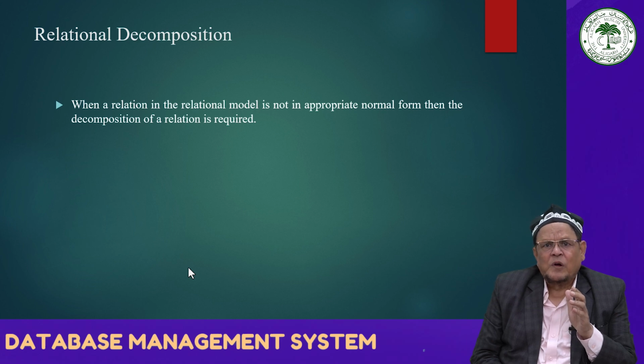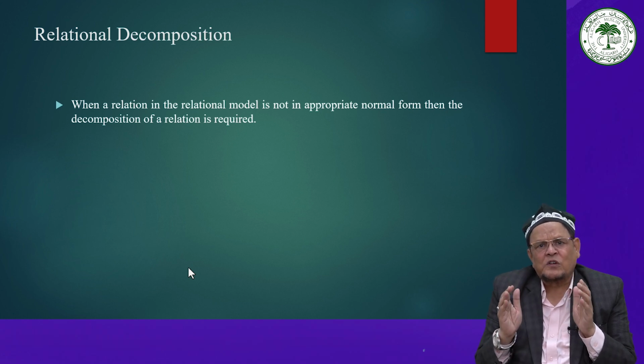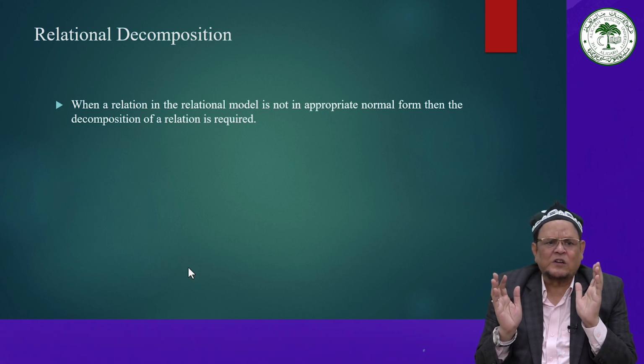If all three conditions are satisfied, then there is no need to decompose. We can say this is a normalized database. If any one of the three conditions is not satisfied by the relation, then we have to decompose the relation, and you have to check the decomposition.